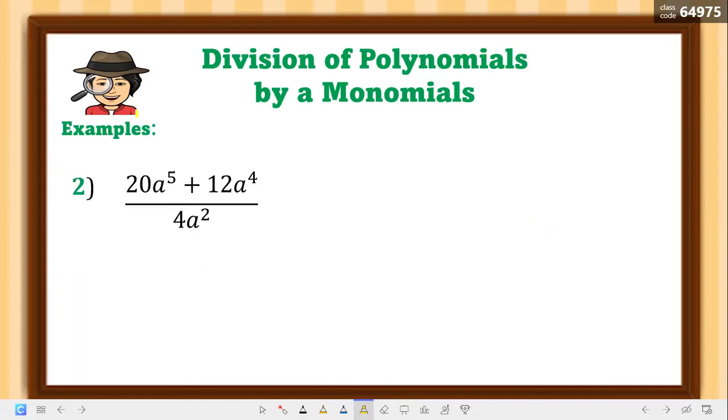Okay. Kung mapapansin natin, how many terms do we have on the numerator? 2 po. Ibig sabihin binomial over monomial. Okay. So, ganun pa rin, i-separate natin each term. Kaya 20a raised to 5 over 4a squared plus 12a raised to 4 over 4a squared. O, dito muna tayo sa first term. 20 divided by 4. 5 po.